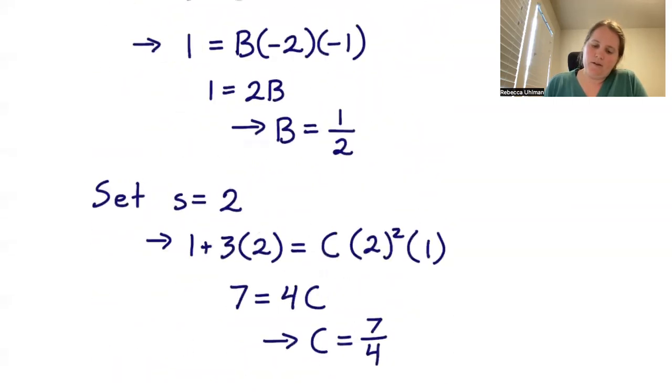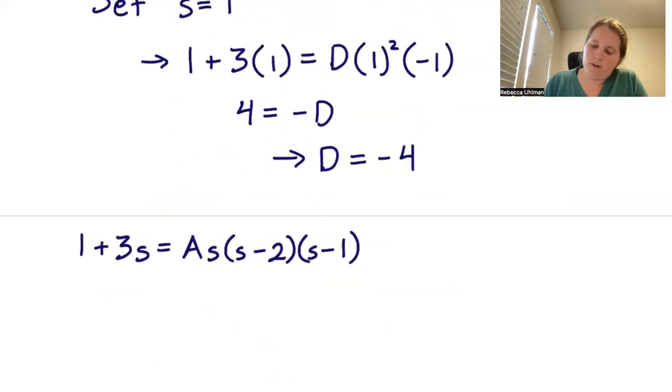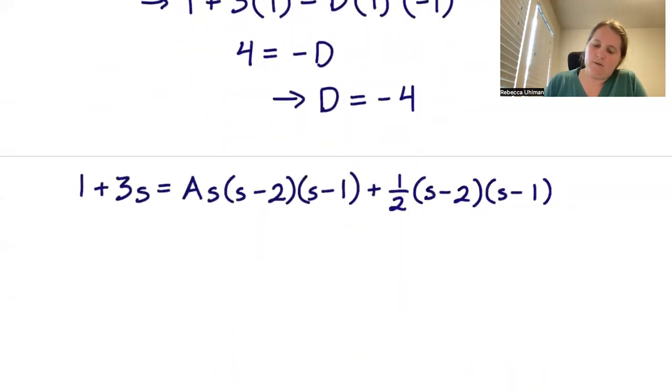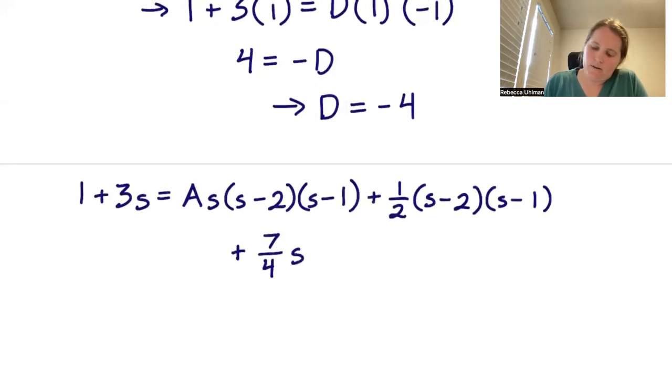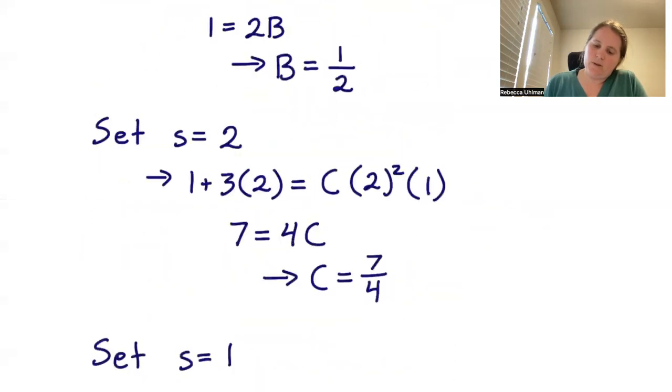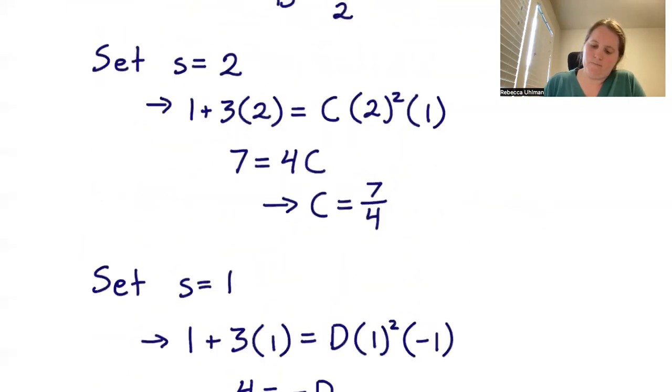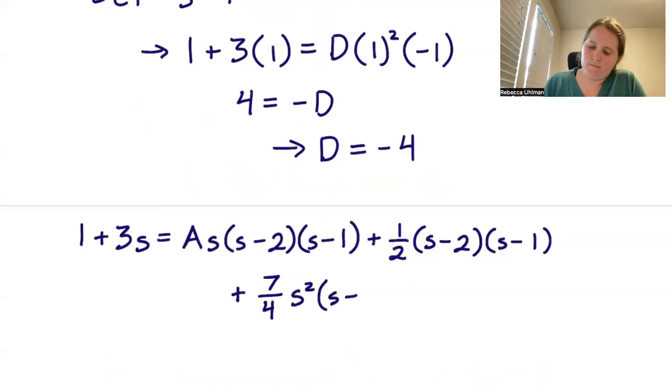Our b is 1/2, so plus 1/2 times (s minus 2) times (s minus 1). Our c is 7/4, so plus 7/4 times s squared times (s minus 1). And then minus 4 times s squared times (s minus 2).